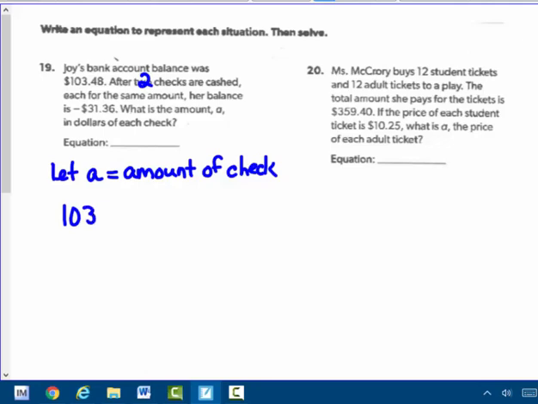Now I'm writing my equation, which that line's not long enough, so I'm putting it down here. After she cashes 2 of the exact same check, so 2 A's, she has a negative balance. Ooh, not good. Okay, so here's our equation.